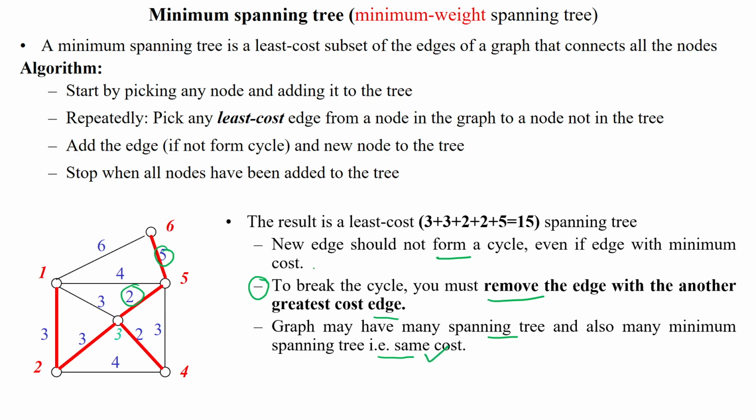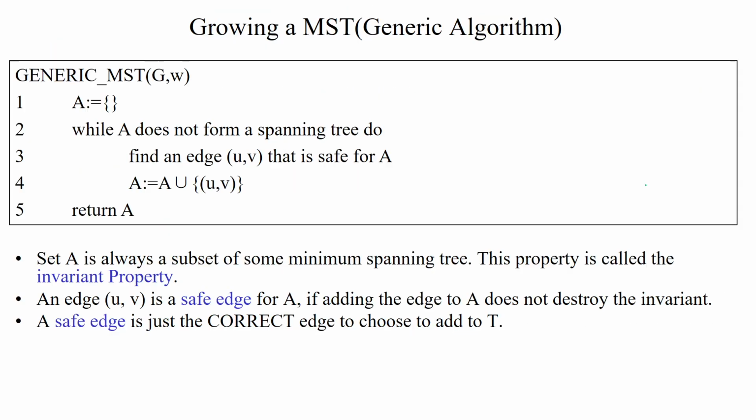For example, suppose I have nodes 1, 2, 3 and 4. Different structures of the tree can have the same cost. One tree may have cost 10, and this one may also have cost 10. So we can select any of them as a minimum spanning tree.